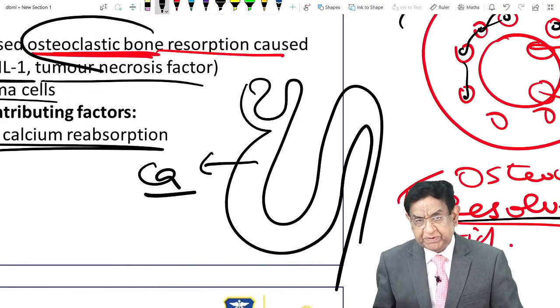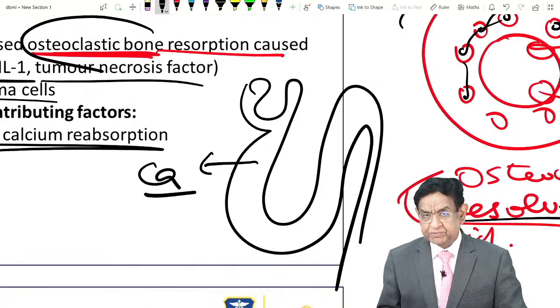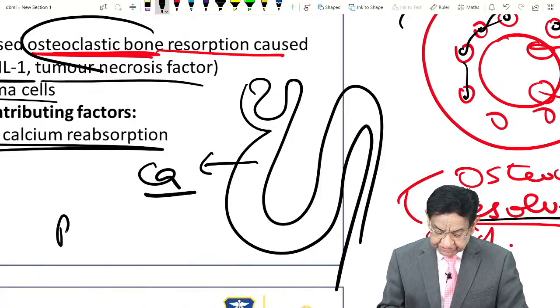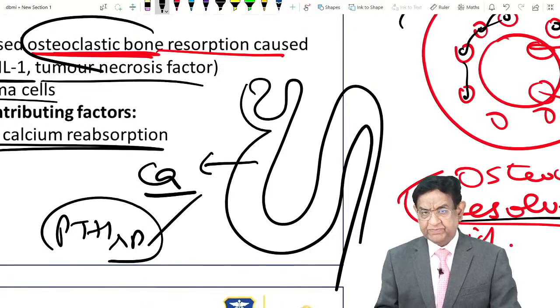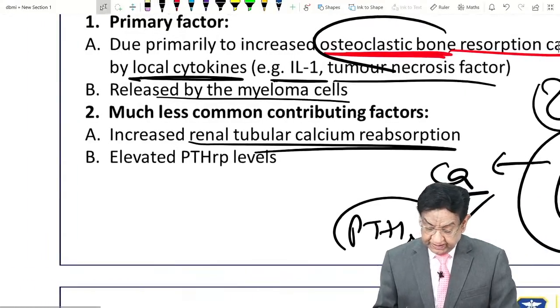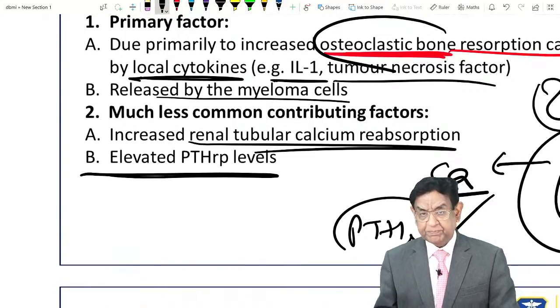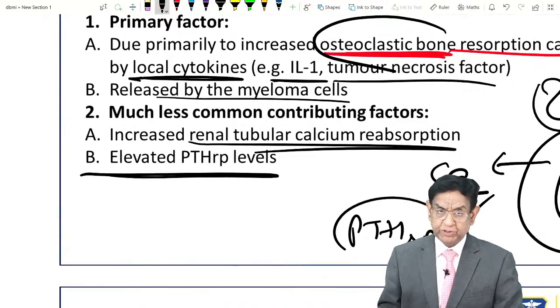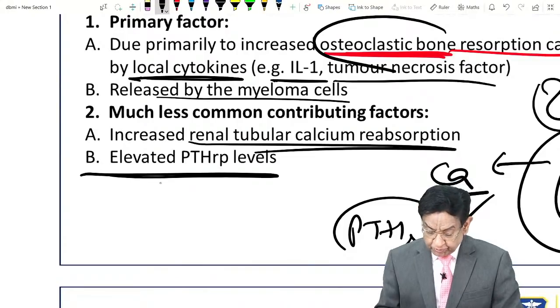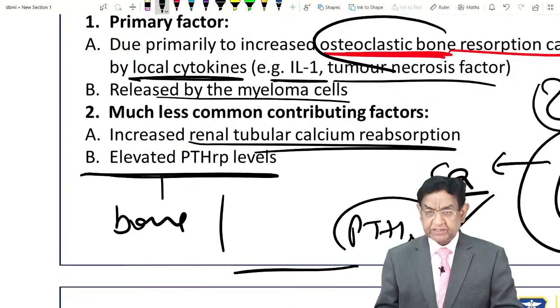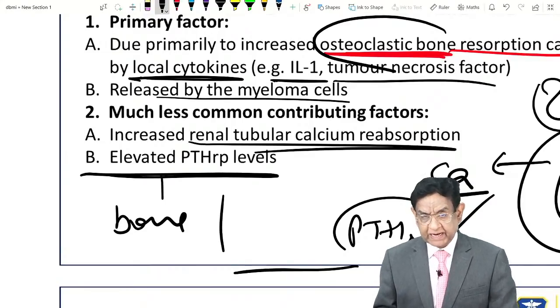So in these patients, there is excess calcium reabsorption from the proximal tubule induced by PTH related polypeptide. So you can nicely correlate with the physiology also. Elevated PTH related polypeptide also contributes to bone resorption as well as from the kidneys. So ultimately they also contribute to the hypercalcemia.